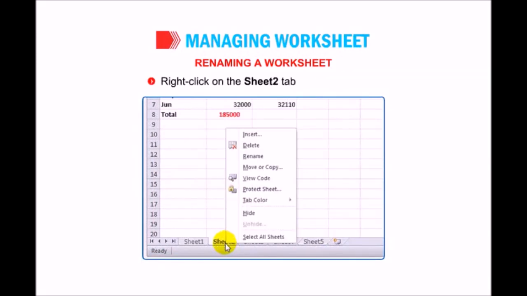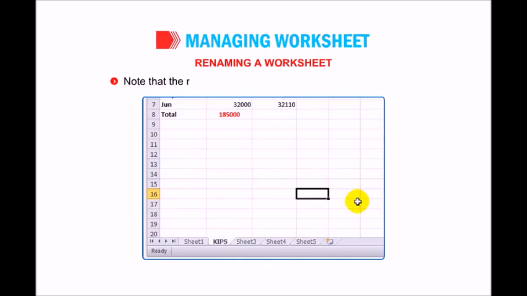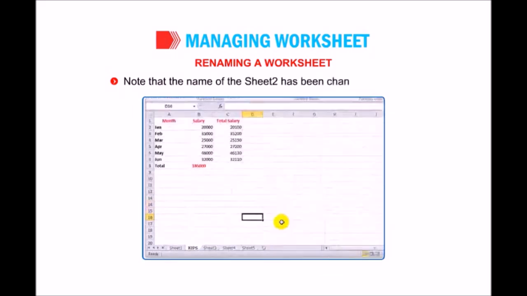Right-click on the Sheet 2 tab in the worksheet. A shortcut menu will appear. Click on the Rename option or double-click on the Sheet 2 tab. The name of the sheet gets highlighted. Type KIPS and press the Enter key. Note that the name of Sheet 2 has been changed to KIPS.